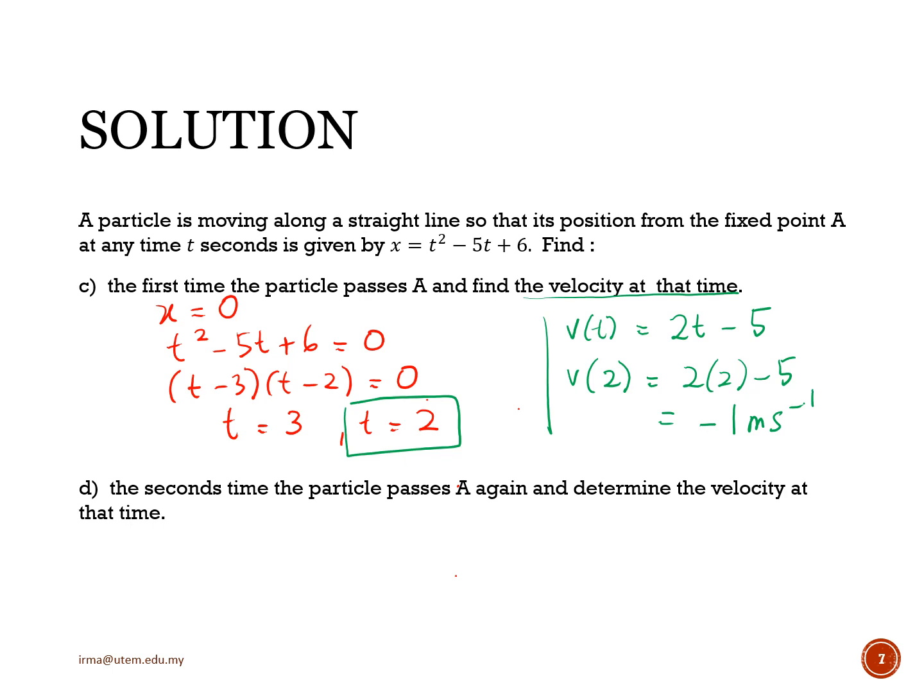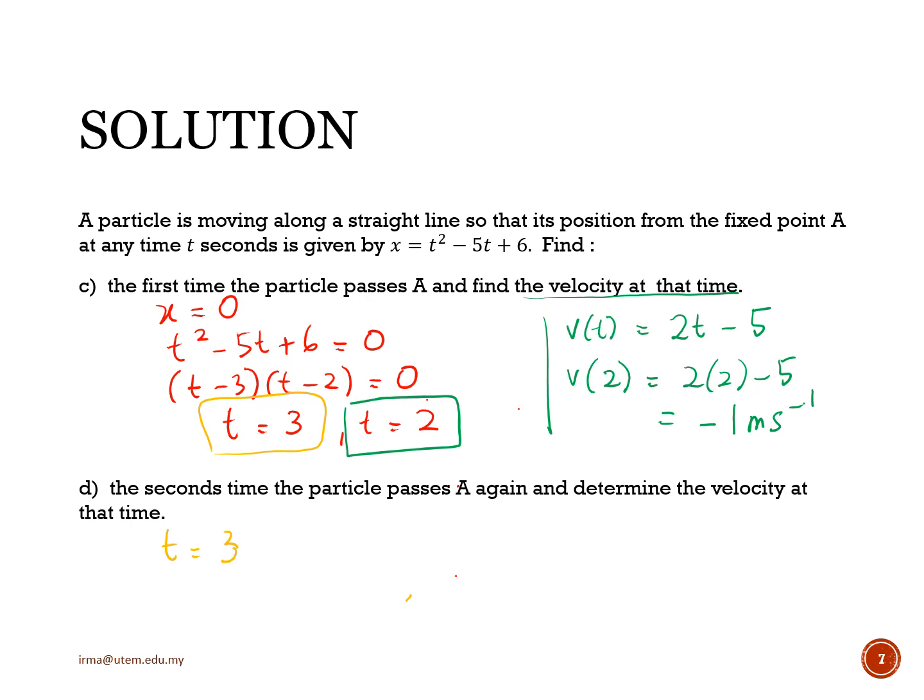Right, so the last question: find the second time the particle passes A again. Just now we have two values of t, t equal to 3 and t equal to 2. So the first time is t equal to 2, and the second time that the particle passes A is at t equal to 3.